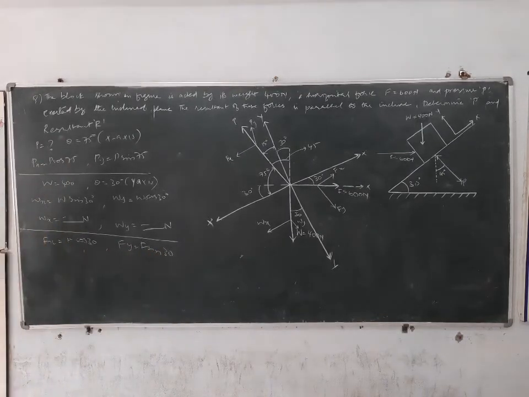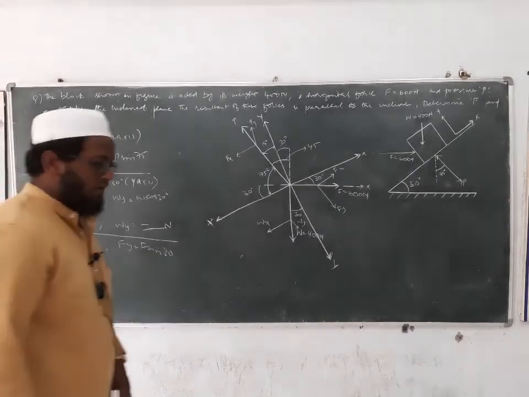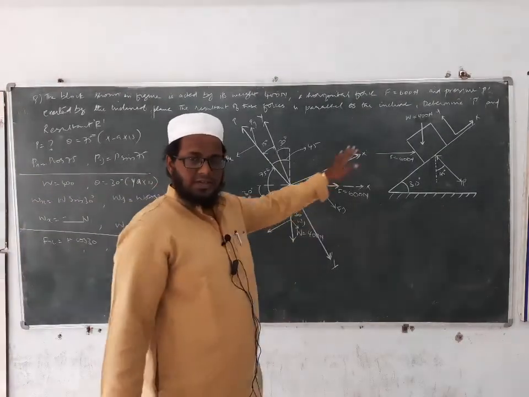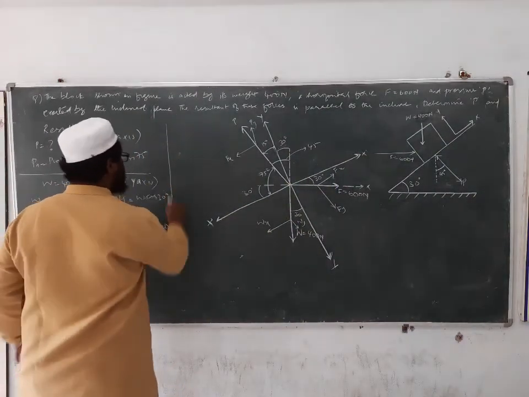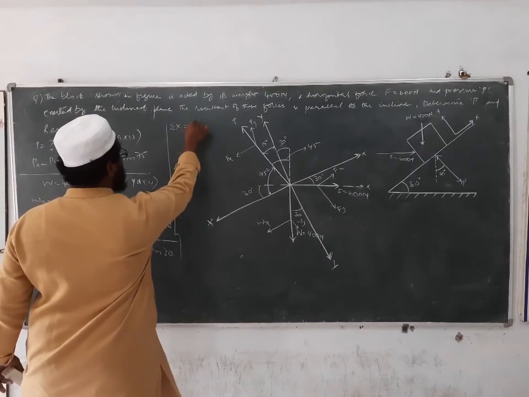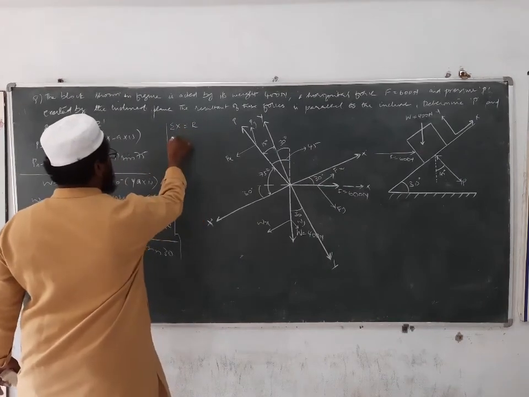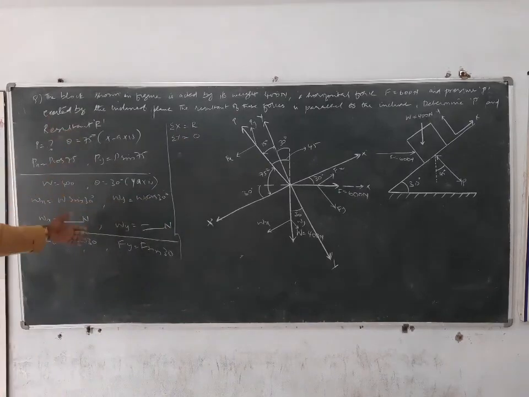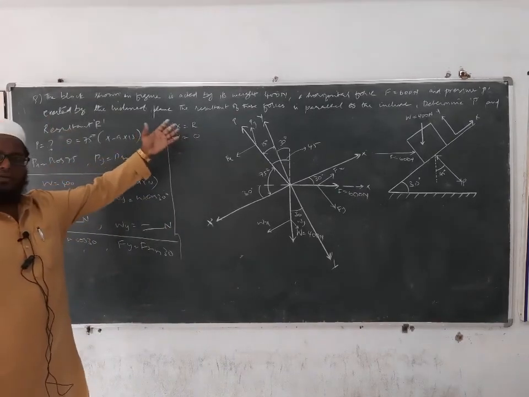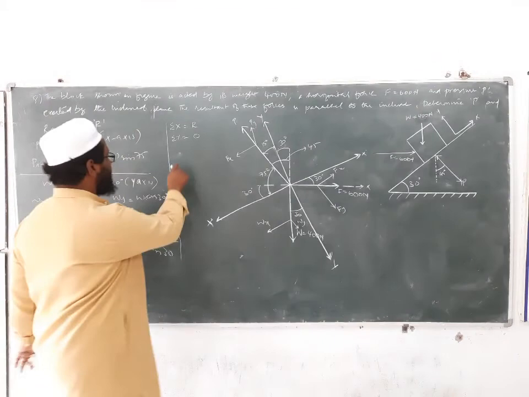Alright. So now we can do one thing, that is sigma x is equal to R, since the resultant is going in the x direction, and sigma y is equal to 0. Now you take down all the values and equate with R, you will get the value of the resultant.